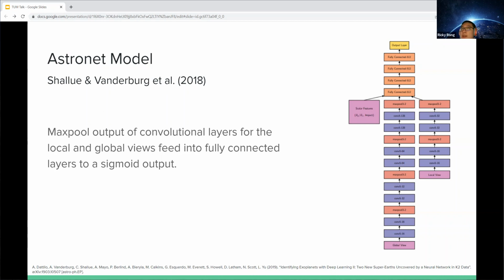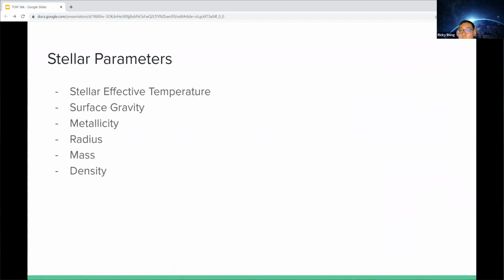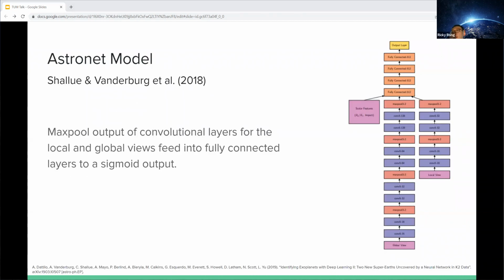The important thing to note about the AstroNet model is that the global and local views are fed separately into convolutional layers, with max pool stages throughout, and the result is fed into fully connected layers.